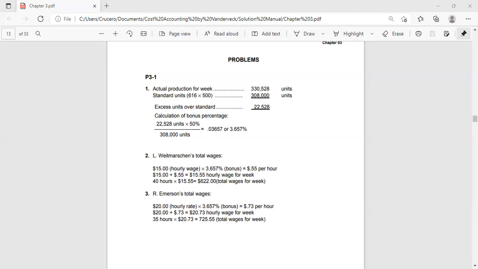So we have now the 20, this hourly rate multiplied by 3.657, the bonus.